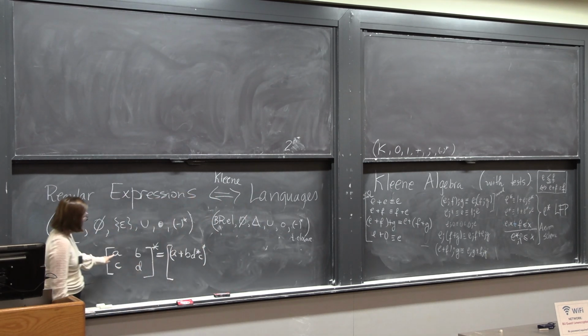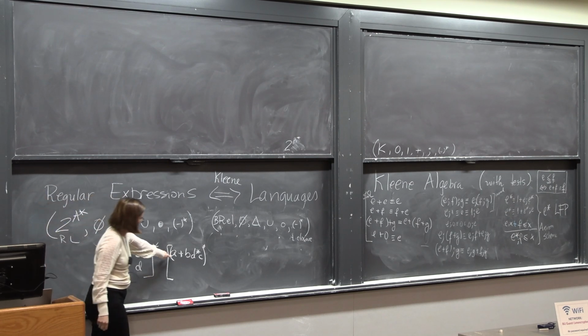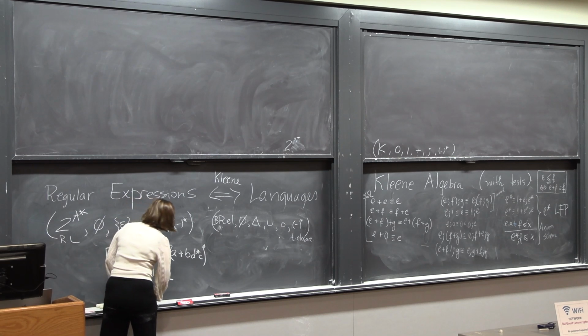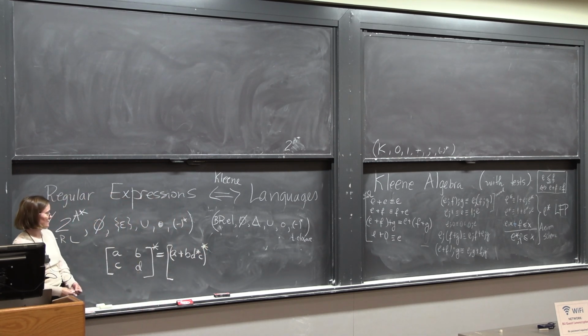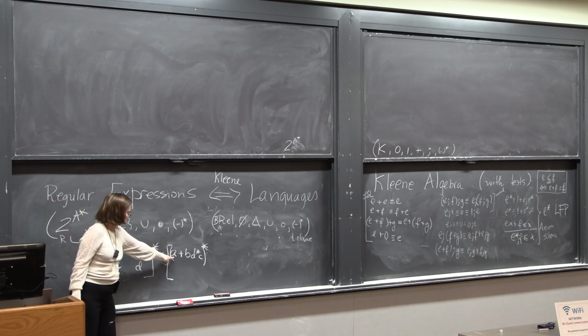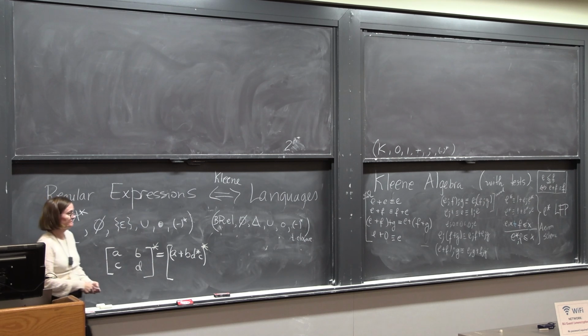So the star of this 2 by 2 matrix is going to have in the first element this expression. Let's see if we can convince ourselves that it makes sense.